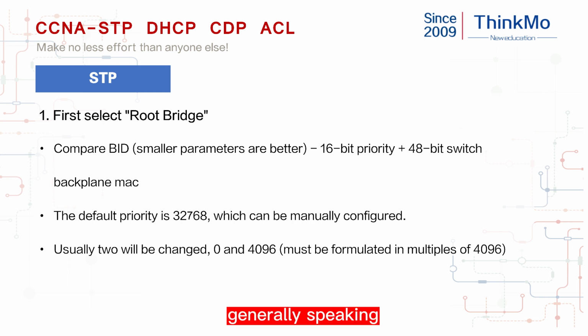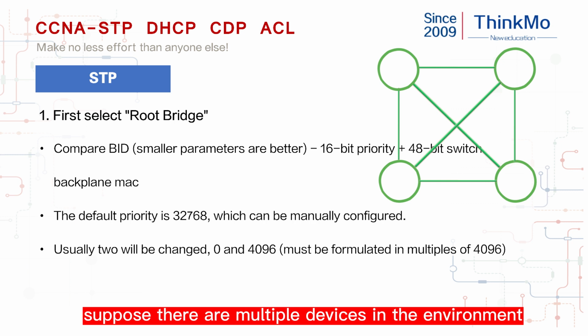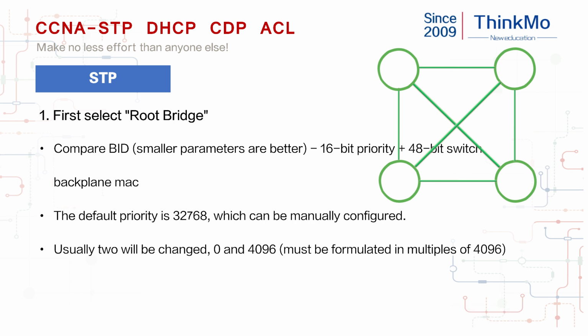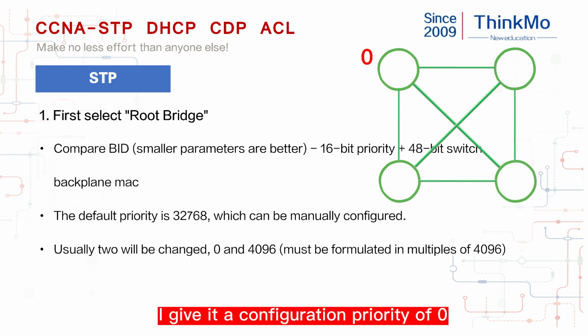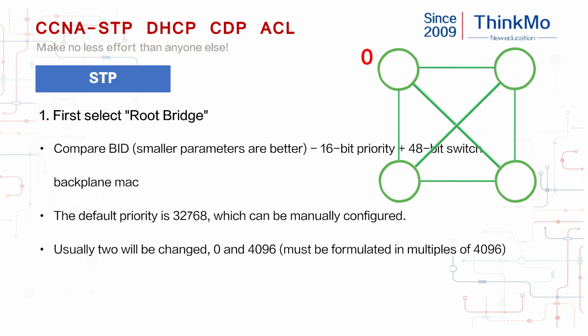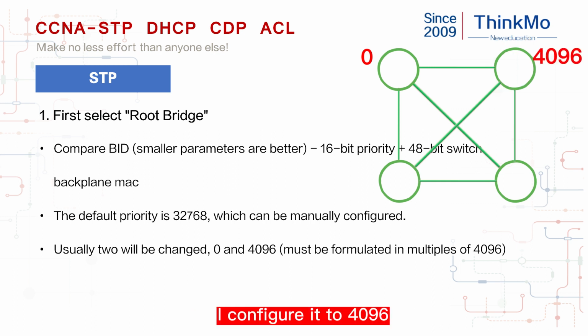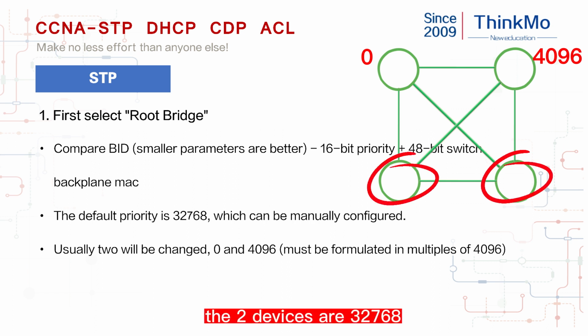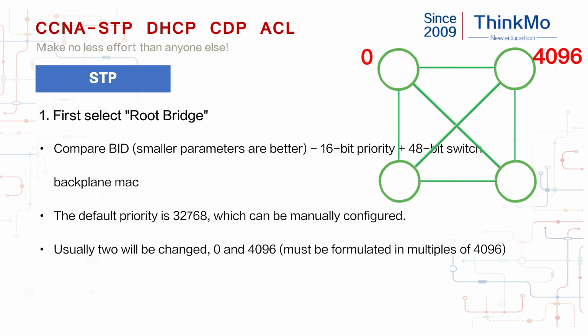Generally speaking, suppose there are multiple devices in the environment. For example, this device performs best, so I give it a configuration priority of 0. This device is the next best, so I configure it to 4096. The other two devices are 32768.